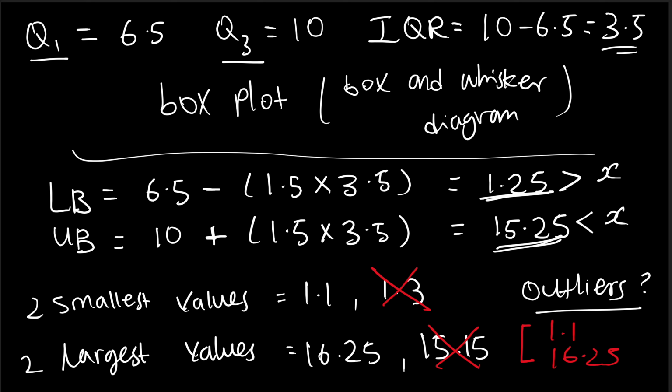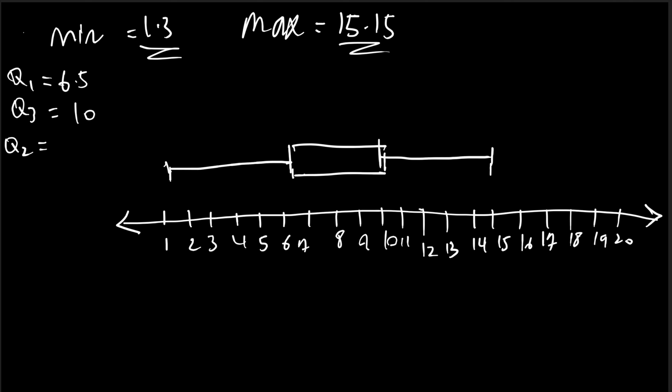What would our median be? We can find the median by simply finding the middle of our data set. If the minimum is 1.3 and the maximum is 15.15, we know that our median value is going to be at 8.